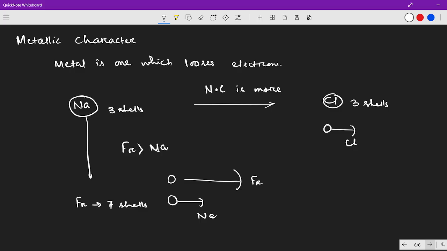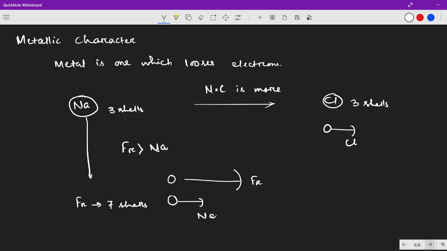Hence, it is difficult for chlorine to lose the electron. Also it is difficult for sodium. If I am comparing it with francium, it will be difficult for sodium to lose the electron, but it will be much easier for francium to lose the electron. Hence the elements which are at the bottom of the periodic table can easily lose electrons.